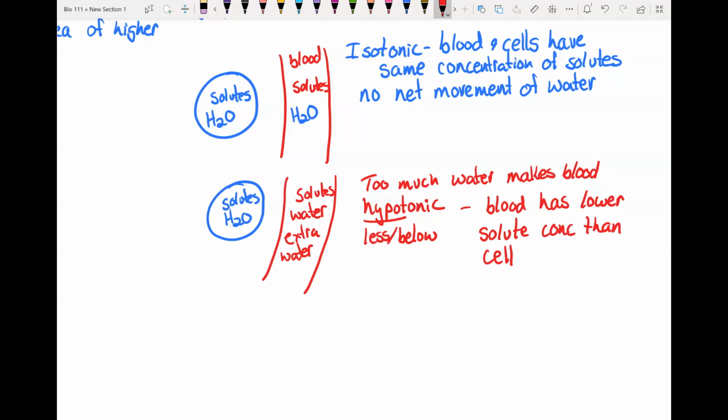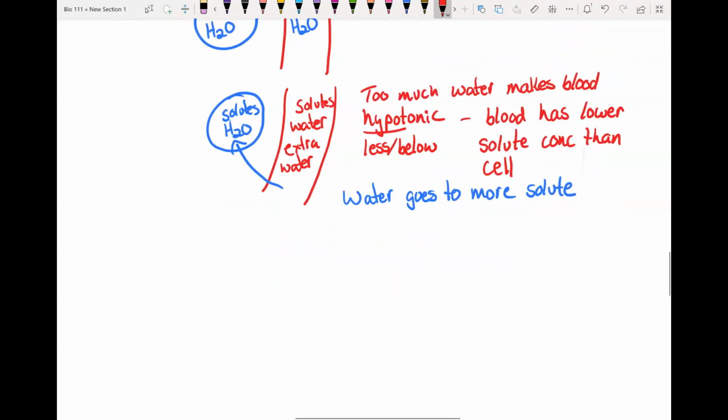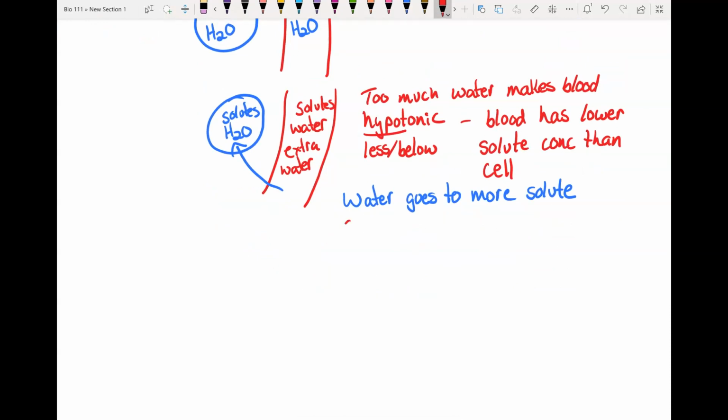This means now there's more solutes in your cell than there are in your blood. And remember, water goes to wherever there is more solute. So if you now have more solute in your cell than you do in your blood, that water goes into your cell. You will now have extra water entering your cell. Well, this is really bad for cells to get too much water in them. Your cells will swell and burst.